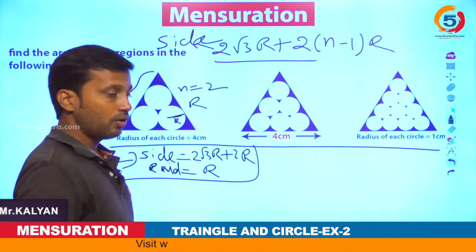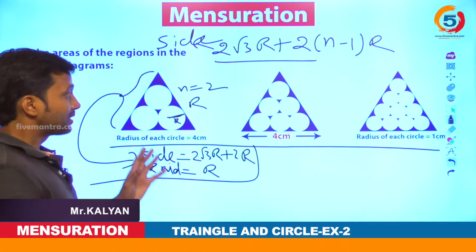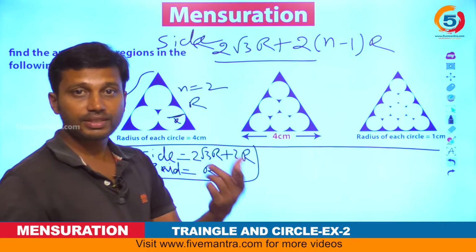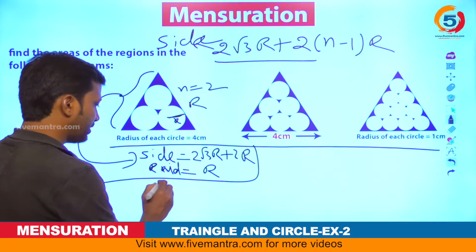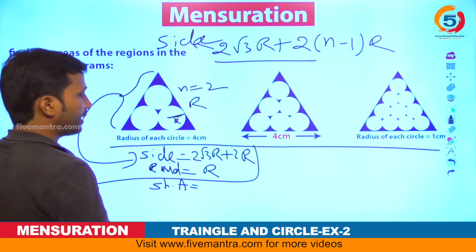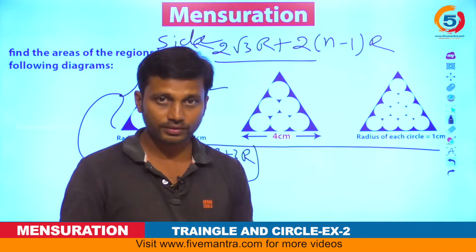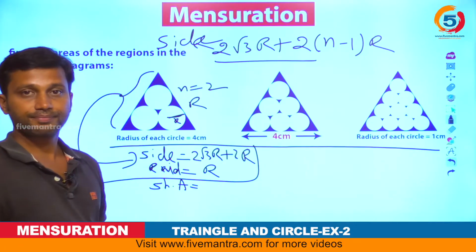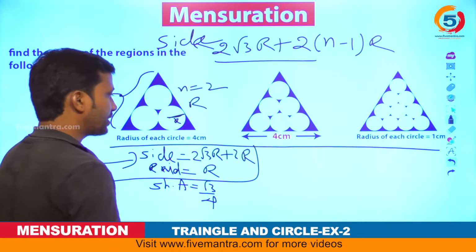After finding this, what do we have to do? We need to subtract the sum of the areas of the 3 circles from the area of the triangle. So the shaded area equals the area of the triangle. The area of the triangle would be root 3 by 4 into a square, where a is the side.